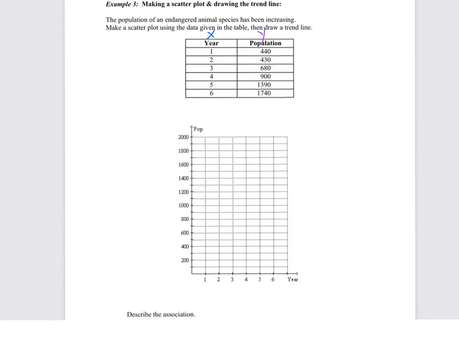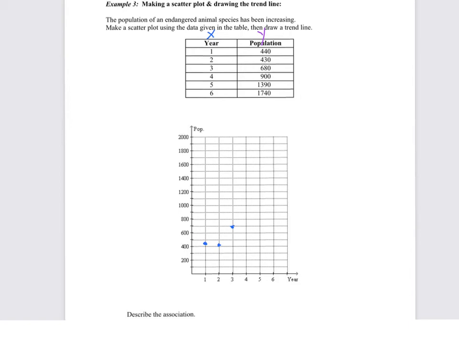Next step, we're going to graph our coordinates. So year 1, we have 440. Year 2 is 430. Year 3 is 680. Notice we're going by 200s here, so the in-between is 100.